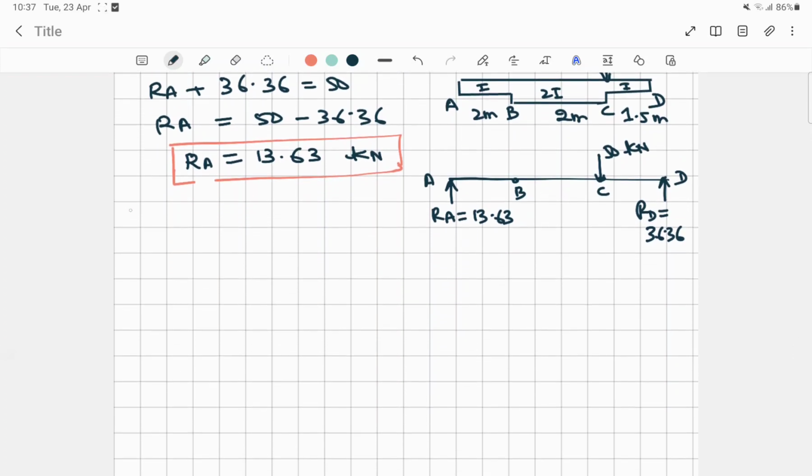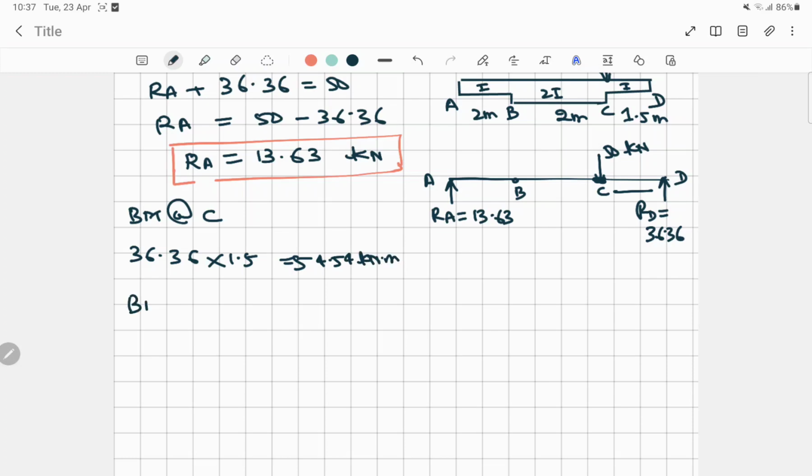So I'll solve this side. So bending moment at this C point will be RD, 36.36 into this distance 1.5, is equal to 54.54 kilonewton meter.